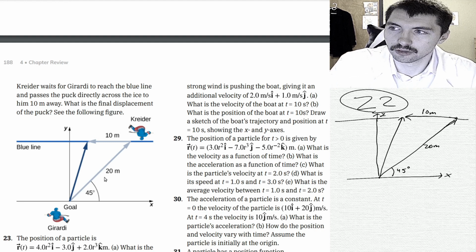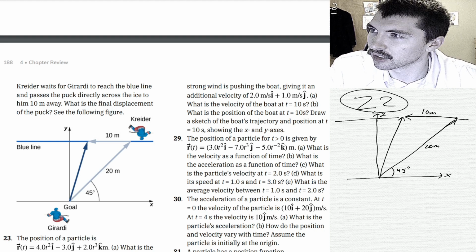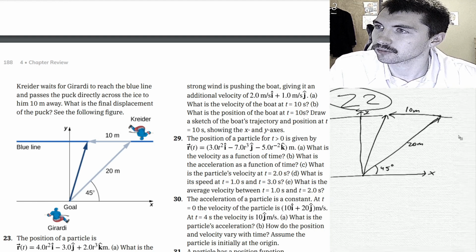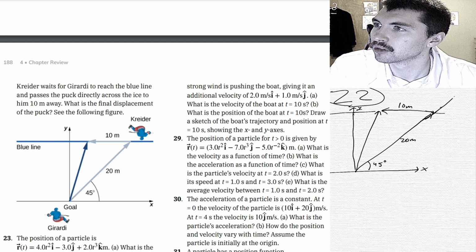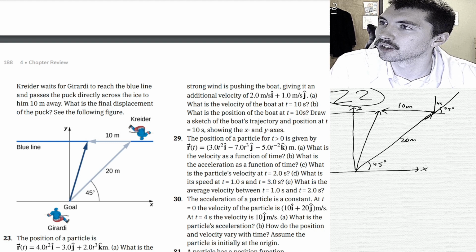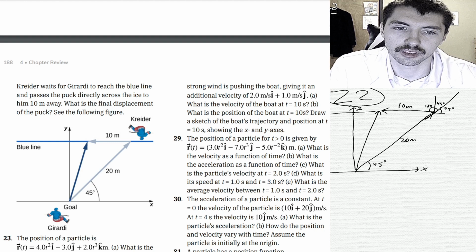Okay, so I think we could extend this. So this would be 45. This might be useful, might not. So then this would be 45. This would be 180.